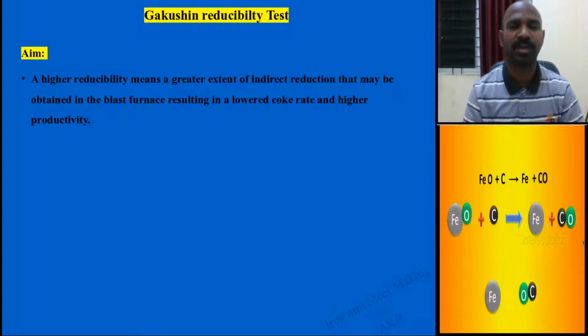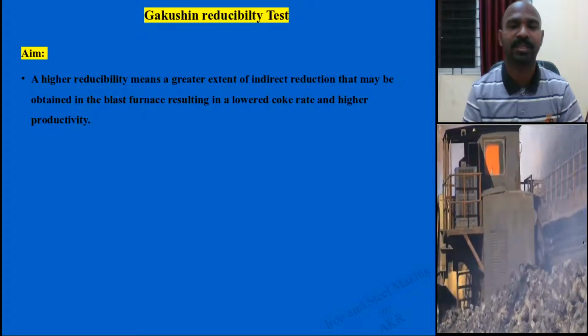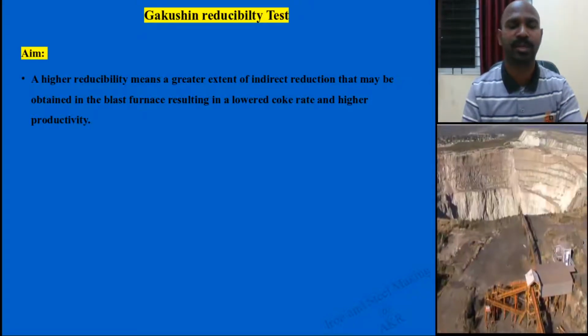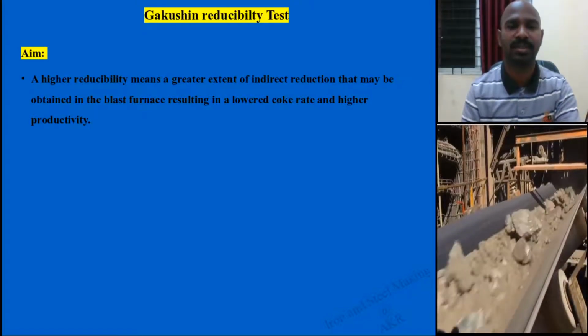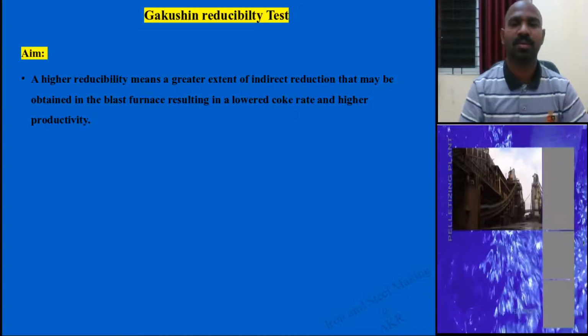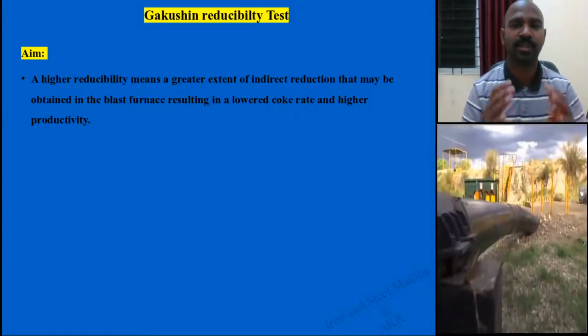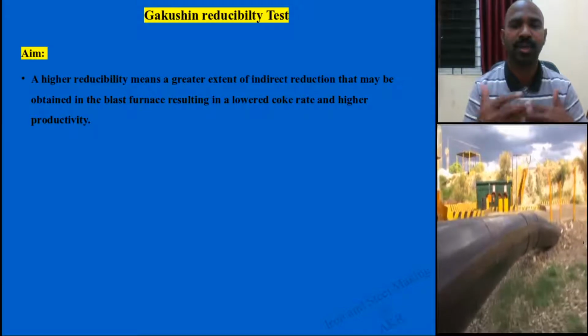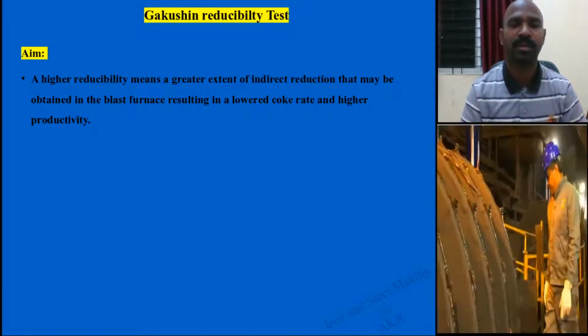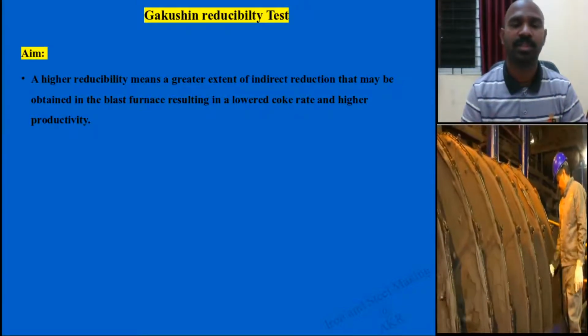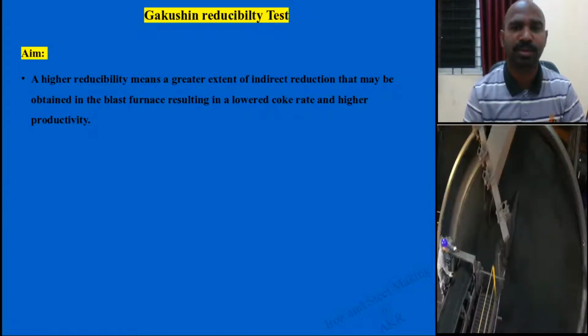The CO and CO2 participate in reducing the iron ore, not the coke directly. That is why you call it indirect reduction. The reducibility gives an idea about indirect reduction. The higher the reducibility, the more the indirect reduction.